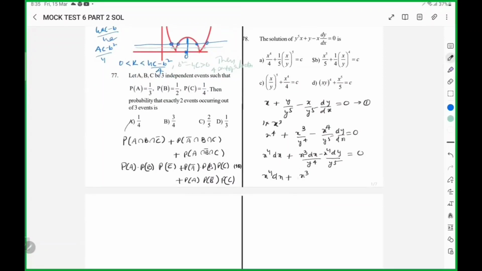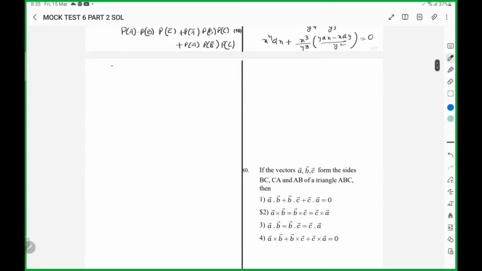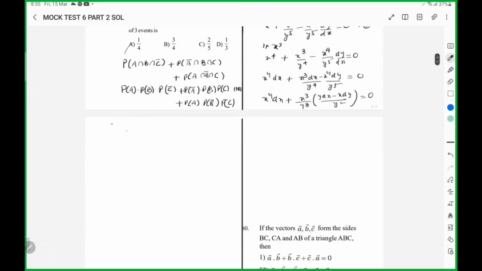Here, if you take x cube by y power 5 common, y dx minus x dy by x power 4 dx. It is d of x by y dx.